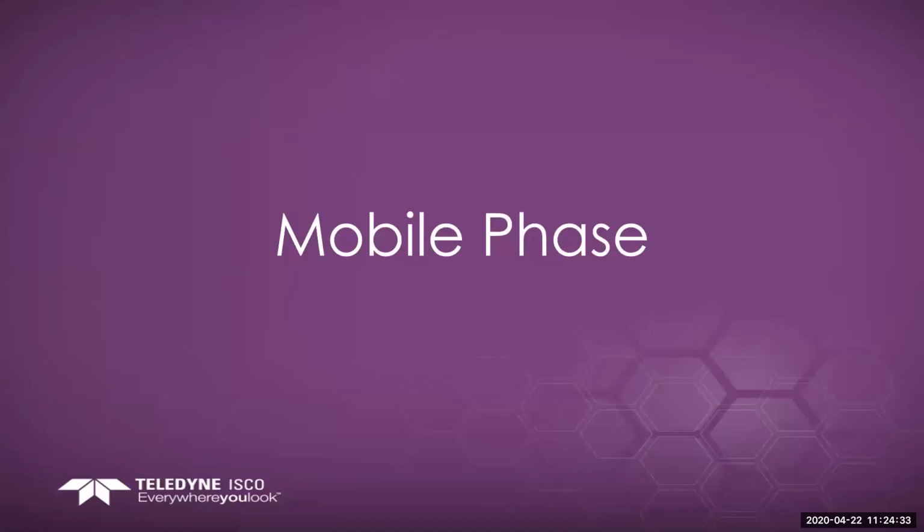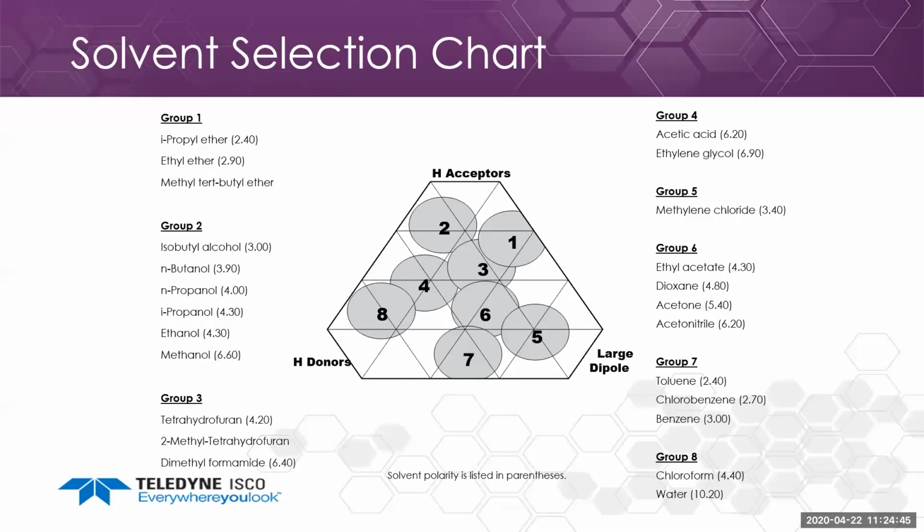So the next major component of making green choices in our chromatography purifications is our mobile phase. If you look at the solvent selection chart, this groups solvents based upon their hydrogen donor, hydrogen accepting, and large dipole abilities.